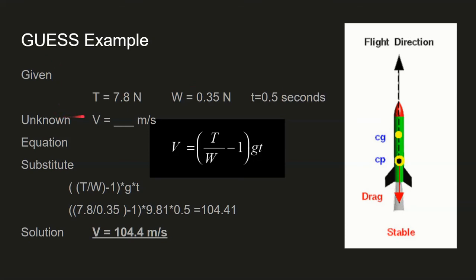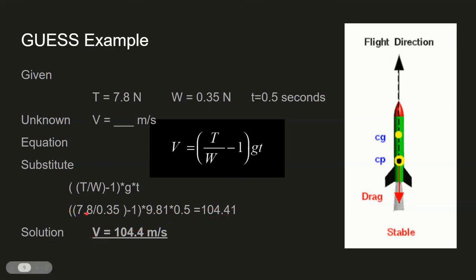Our unknown is the average velocity in meters per second. Our equation is the one we just talked about: velocity, thrust, weight, gravitational acceleration, and time. This is our formula written out in a way that you can put it in your calculator. It will look exactly like this if you put it in your calculator.